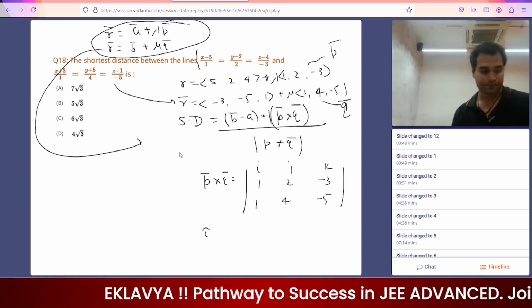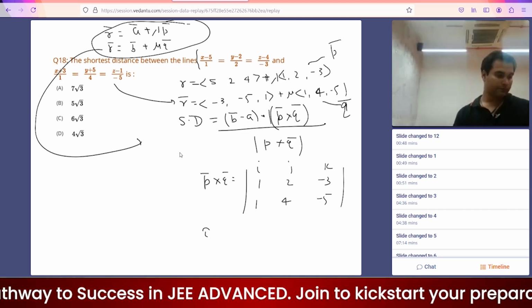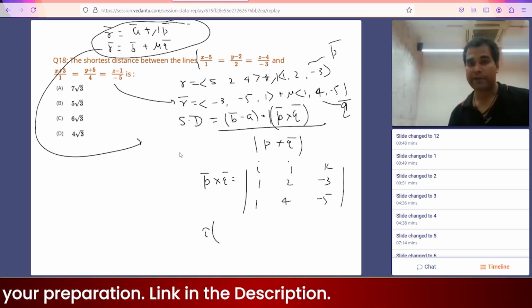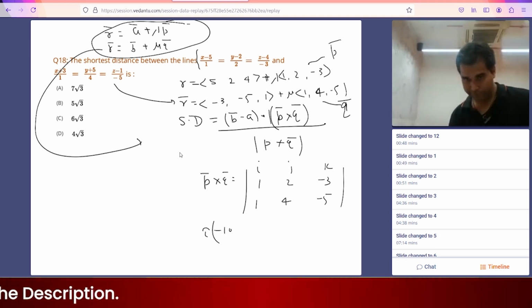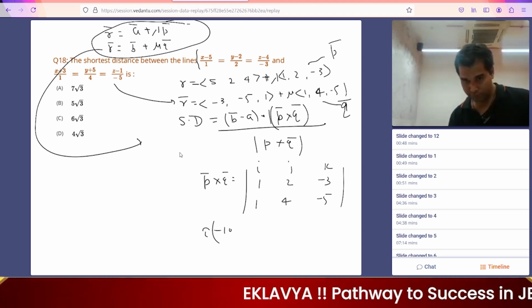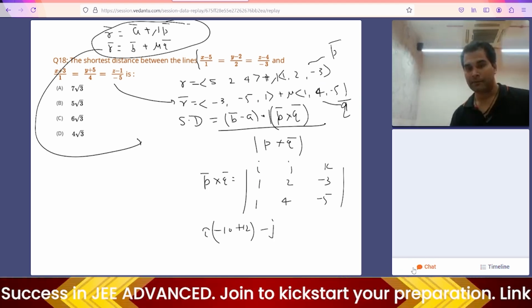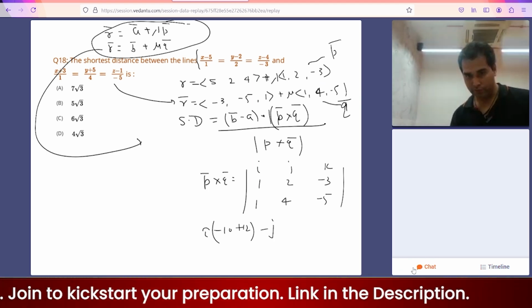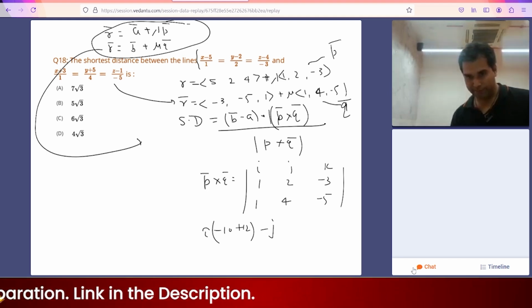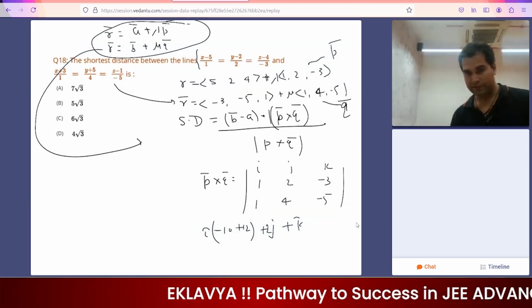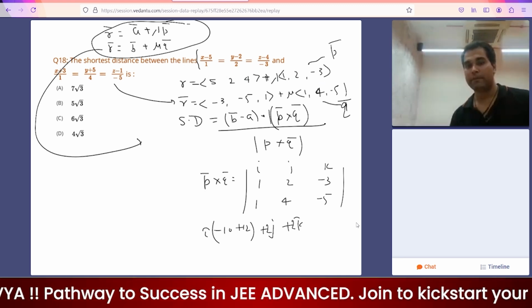Now let's solve. i, then corresponding row, corresponding column, leave: 5 minus 2, minus 10 and 4 minus of minus 12 means plus 12. It's okay. And minus j, corresponding row, corresponding column, minus 5 plus 3 minus 2 means here 2j. And k times, corresponding row, corresponding column, 4 minus 2, 2k.